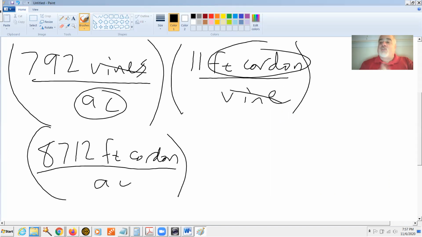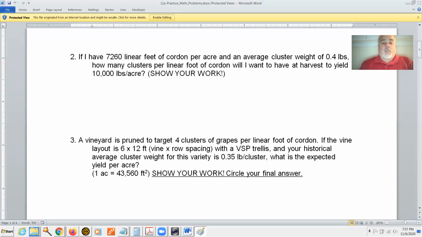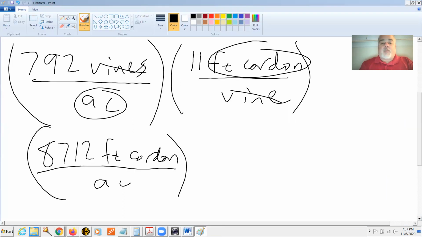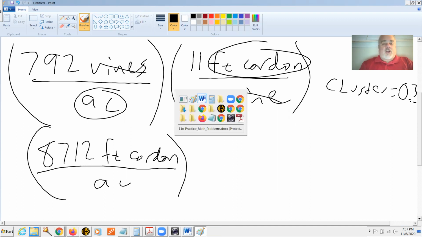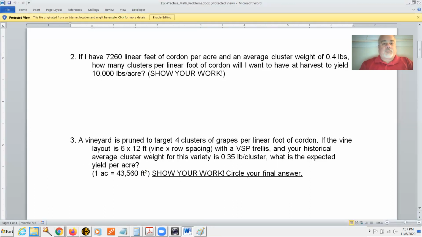So that's what I'm going to use in this example. And the next thing is I've got a cluster weight of 0.4 pounds. So I'm going to do my cluster weight equals 0.3, just to give me a different number, 0.3 pounds, all right? It's hard to write with my finger on this, but you get the idea.